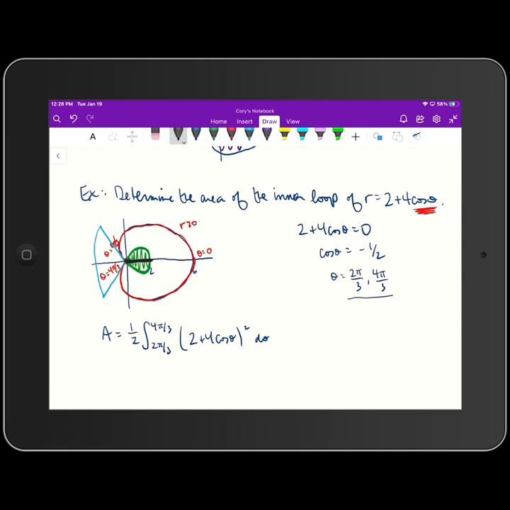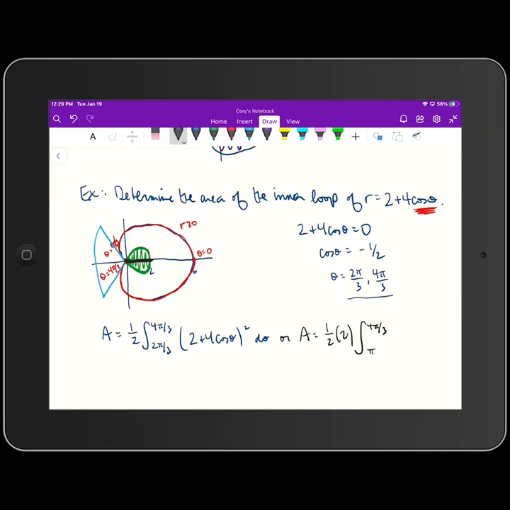So what I can do instead is rewrite this formula as the area would be 1/2 times 2. Now you have the option here of integrating from 2 pi over 3 to pi, because again, it's symmetric with respect to the x-axis. Or the other way that we can write this, and this is how I'm going to do the problem, is I'm going to integrate from pi to 4 pi over 3.